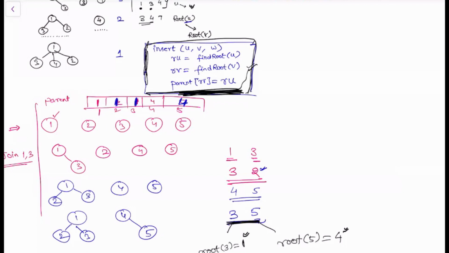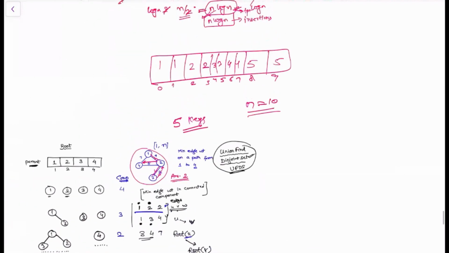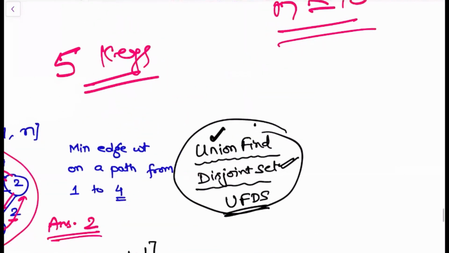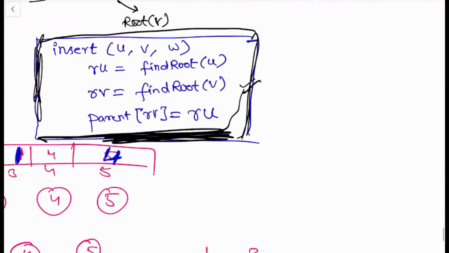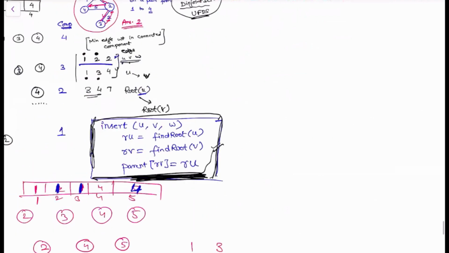Sir, I did. Yeah, so Parth, is it clear now? Yes, sir. Okay. So this is called our union operation. The data structure we are talking about is union find. So we understood how union is performed. Union is like insertion or joining two components together. So you can also call this function, rather than insert, we are doing union of two vertices.